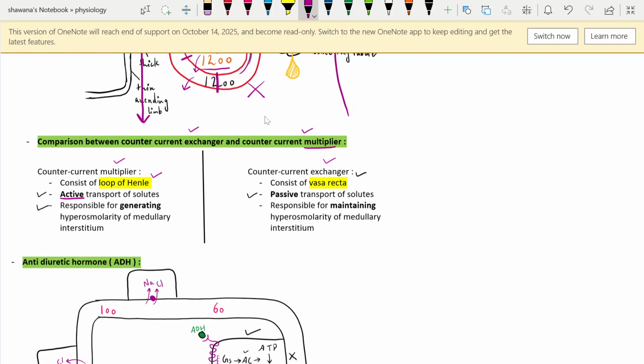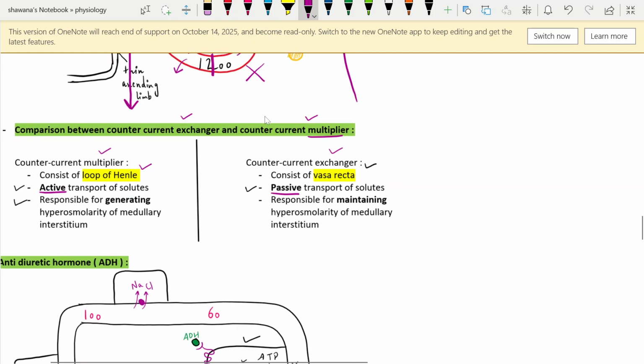As you know, in the ascending part of the loop of Henle, there are special transporters which require ATP for the reabsorption of solutes. But in case of vasa recta, there is passive transport of solutes. There is no requirement of ATP. Capillary walls are just permeable, so solutes and water are transported passively.